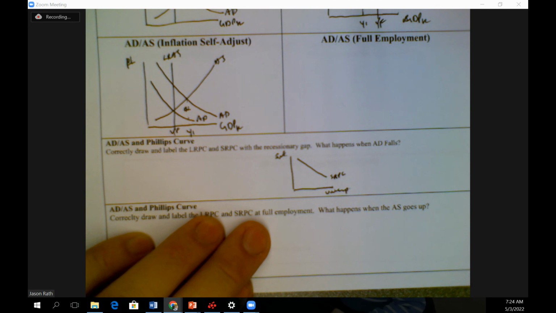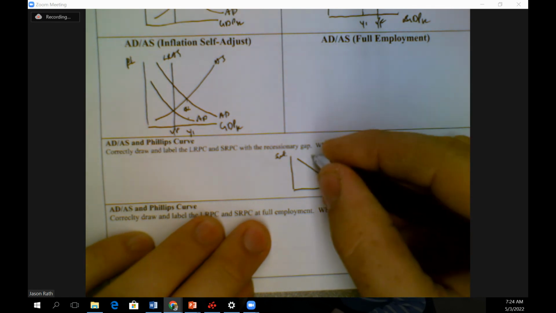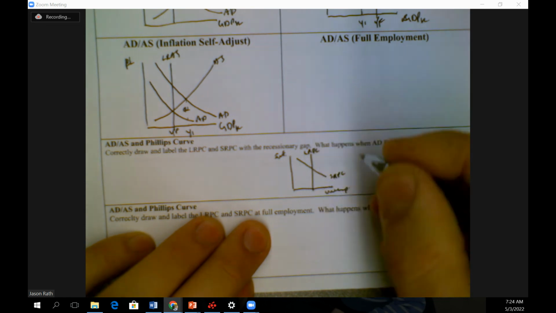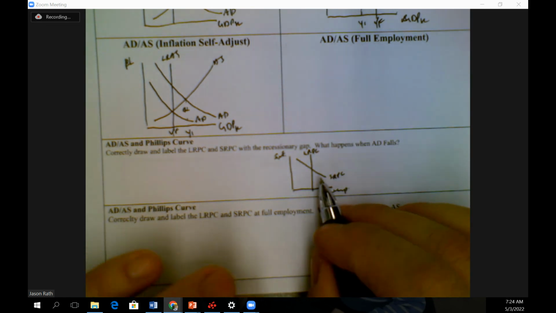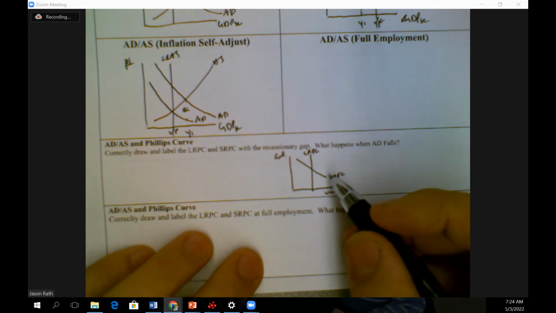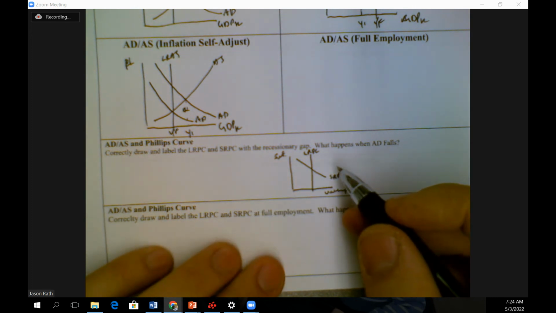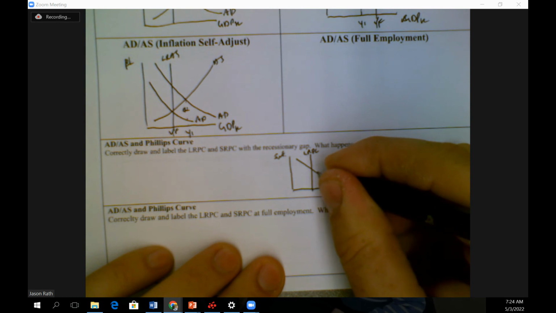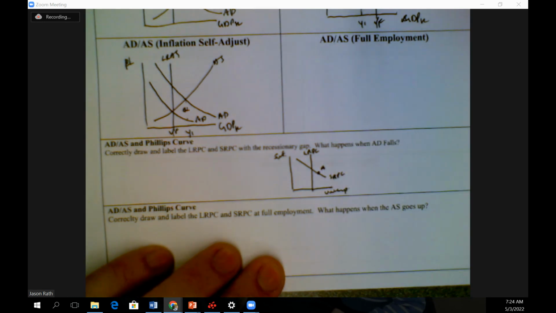Where is the recessionary gap? Do you remember? Short run would shift. It'd be right here, I think. Or it wouldn't shift.